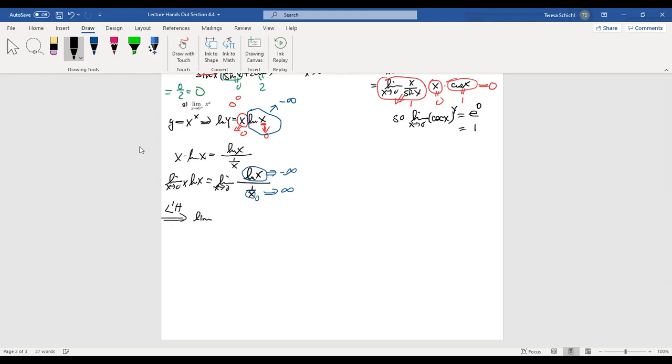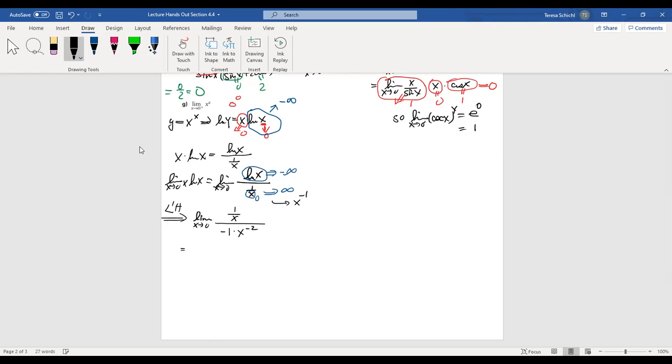So I will have the limit as x approaches 0. What is the derivative of natural log? It is 1 over x. So 1 over x, you can rewrite like x to the negative 1, then you use the power rule. So this is negative 1, x to the negative 2, right?